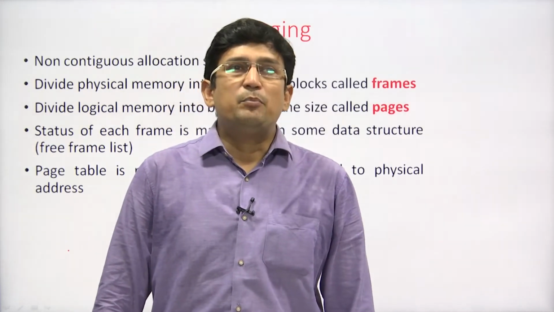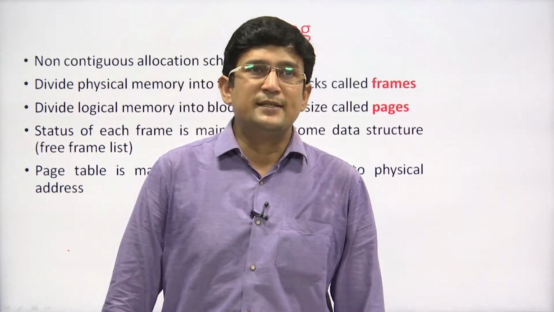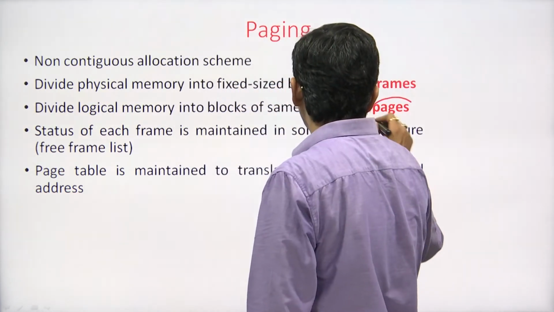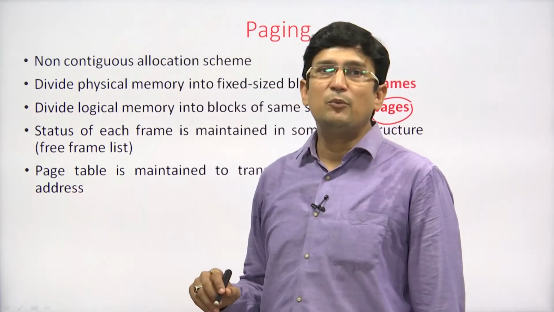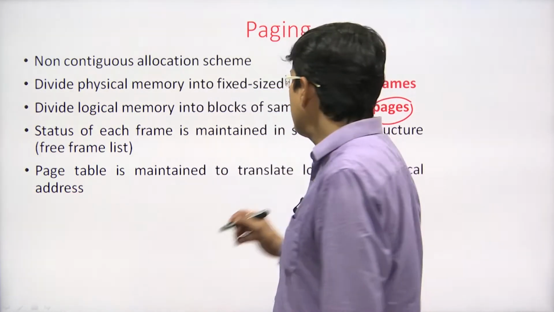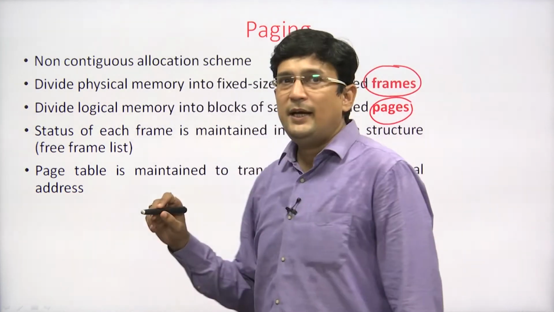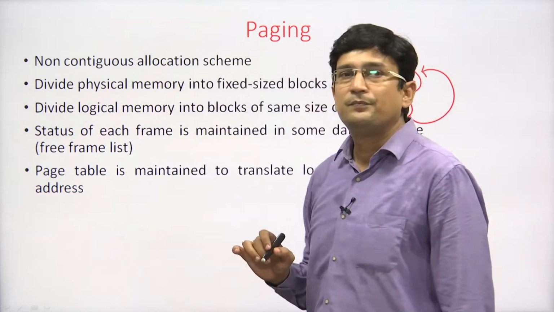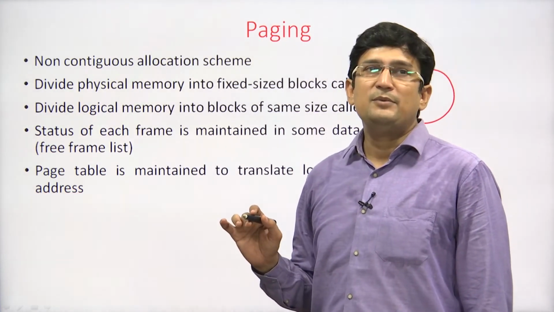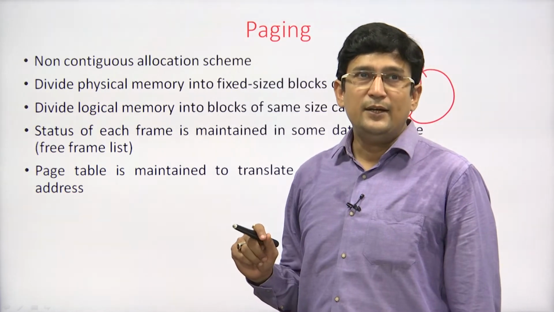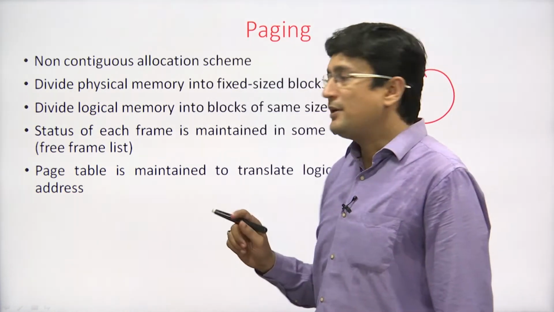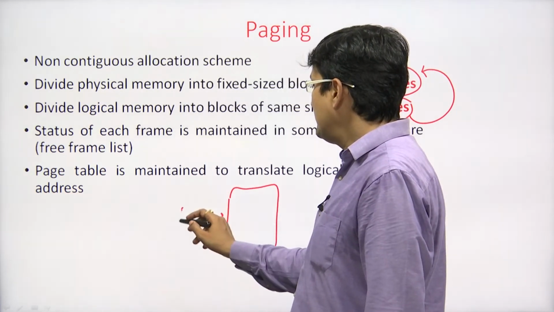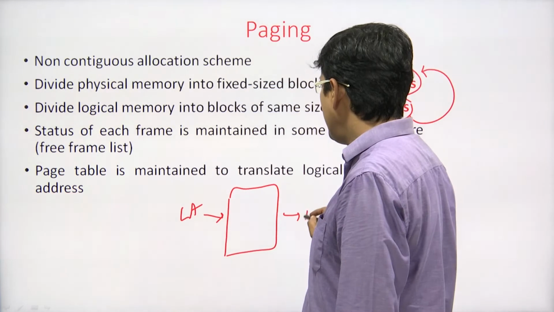So, we have seen that the paging scheme divides the process into equal size chunks known as pages, and we divide the main memory also into equal size chunks known as frames, and the pages get adjusted in the frames. Pages and frames are of equal size, and we need to maintain a page table in between that helps in the conversion of the logical address to the physical address.